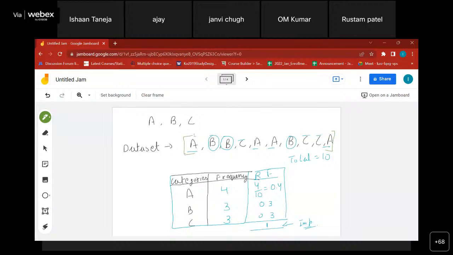This is my first observation. This is my second, this is my third observation, I'm observing it, right? This is my fourth observation, this is my fifth observation, right? This is my sixth, seventh, eighth, ninth, and 10th, right?